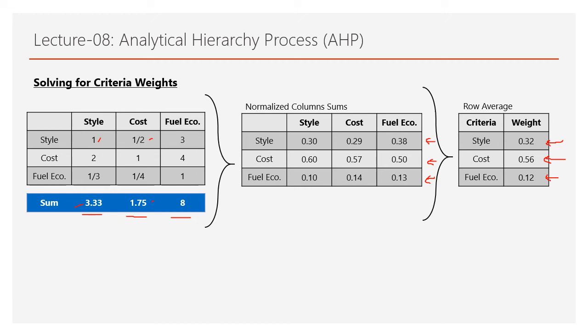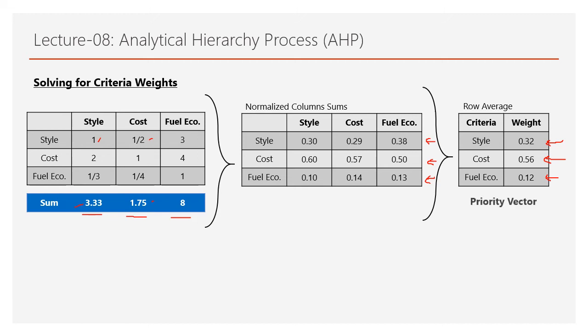If we had chosen different preferences in the table, or if another person were doing this, he or she may have chosen different numbers or different preferences, and therefore we would reach different weights. For now, these are the corresponding values.